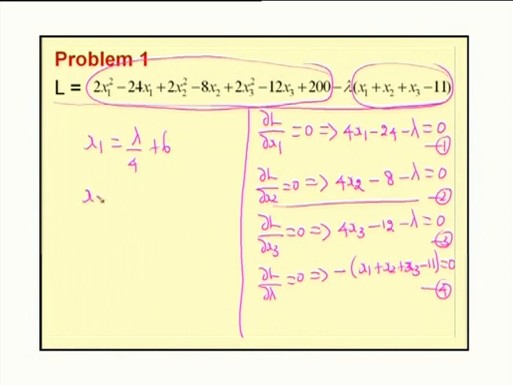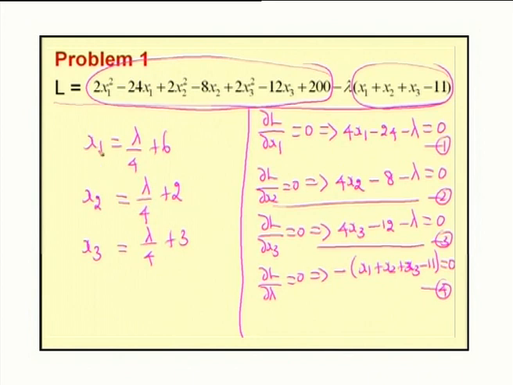From this, we got our x2 value as x2 equals lambda by 4 plus 2. And from the third equation, 4x3 minus 12 minus lambda equal to 0, we get the value of x3 as lambda by 4 plus 3. So, from equations 1, 2, 3, we got the values of x1, x2, x3.